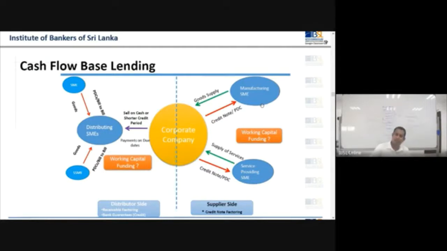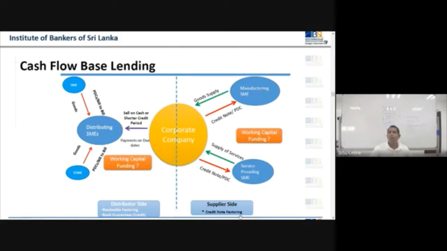PDC is post-dated cheque. Similarly, DSI canteen. I provide lunch, but DSI will pay after 1 month. So I have given the service, I am waiting. You have this thing. So there is a funding requirement. This red part, you have a funding requirement.